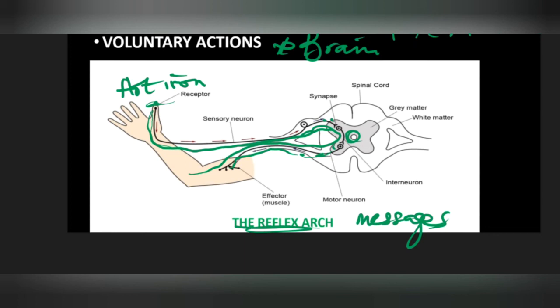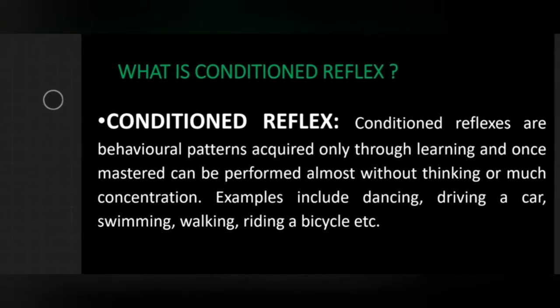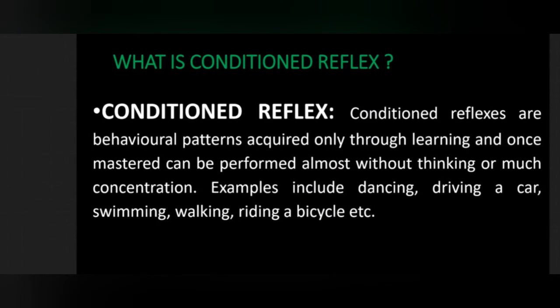We have what we call conditioned reflex. What is a conditioned reflex? Conditioned reflexes are reflexes that occur in behavioral patterns. These things are acquired only through learning. Once you master them, you can perform almost all of them without thinking or much concentration.